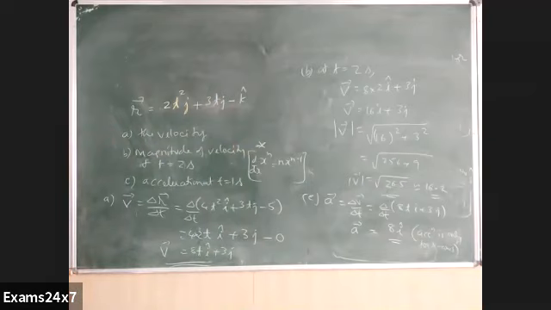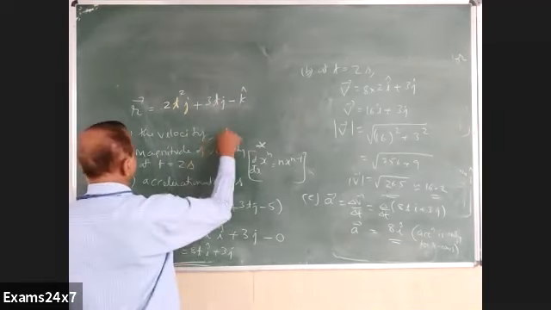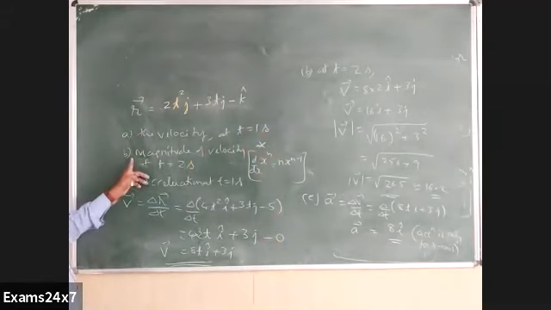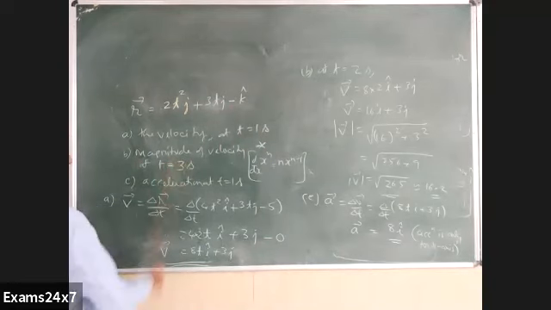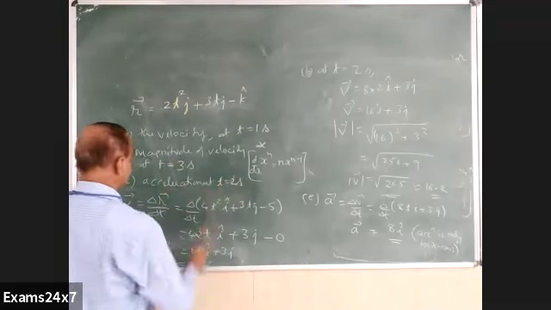Same sub questions. Find the velocity at t equal to 1 second. Magnitude of velocity at t equal to 3 seconds. Acceleration at t equal to 2 seconds.